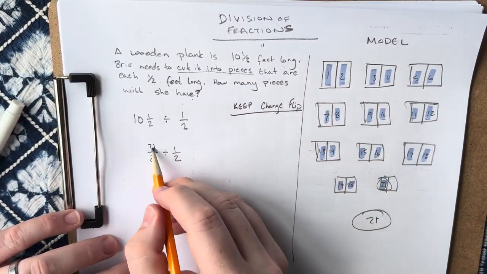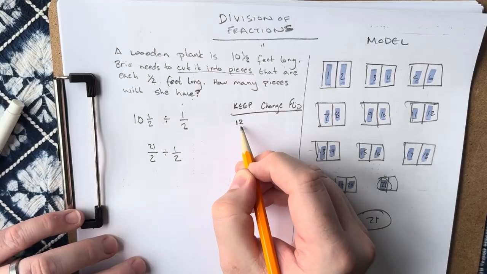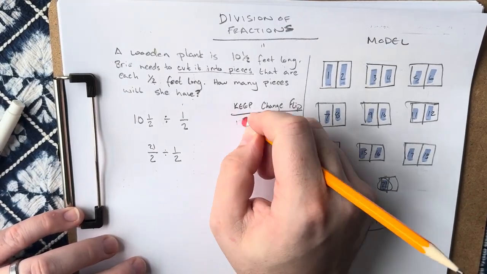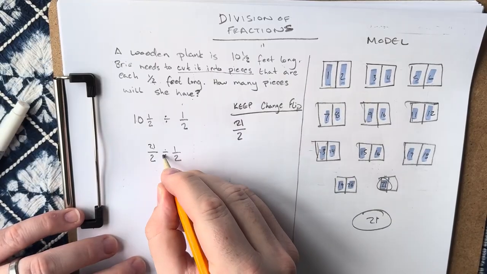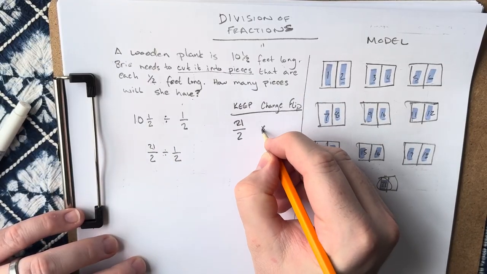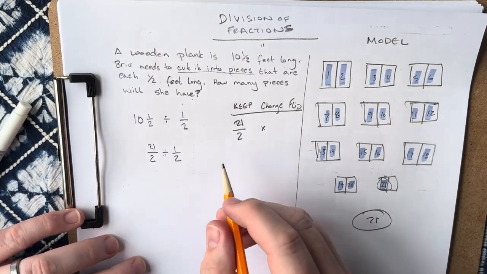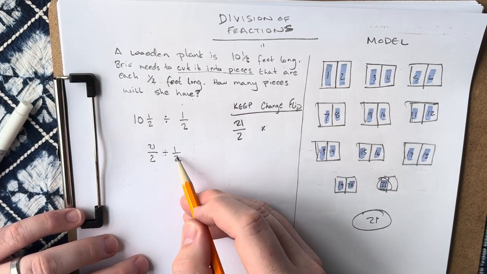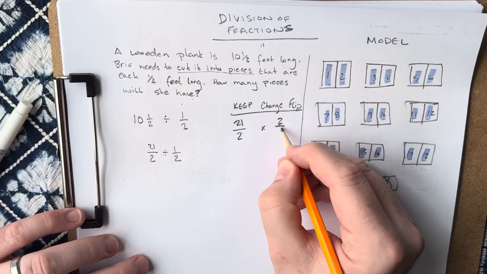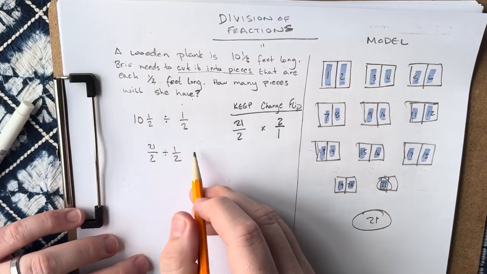All right, so keep, change our function to the inverse function or the opposite function. So the opposite of division is multiplication, and then flip. All right, keep, change, flip.